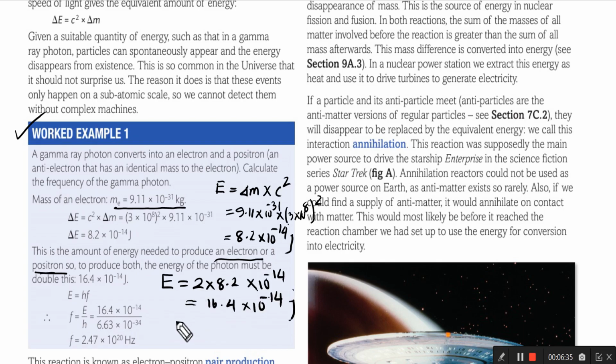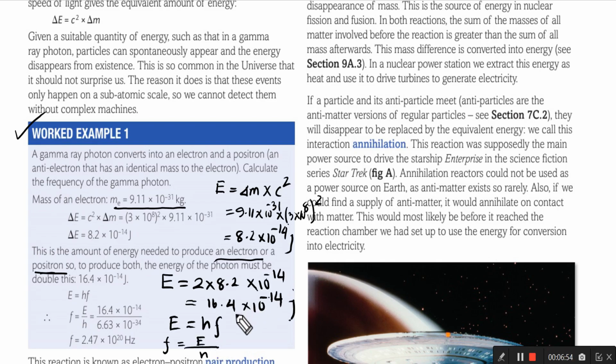From Planck's energy equation, E equal to hf, where h is the Planck constant. We have to find the frequency. So f equals total energy divided by the Planck constant.